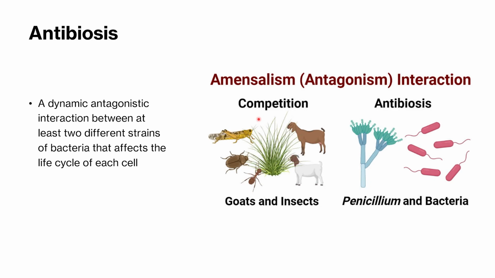It's called antibiosis. Similar to how organisms in the wild fight each other, bacteria have to fight each other for food. So how do they fight each other for food? Well, it's a dynamic antagonistic interaction. They both excrete different compounds that will kill or harm the bacteria that they're fighting with.